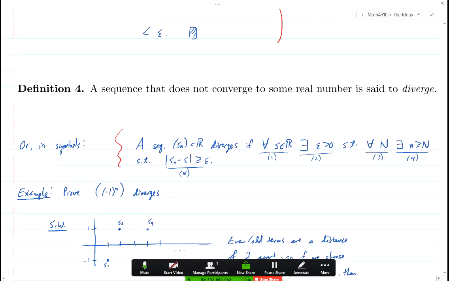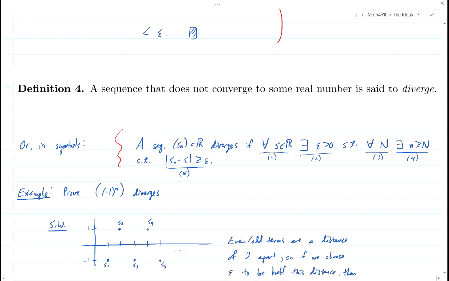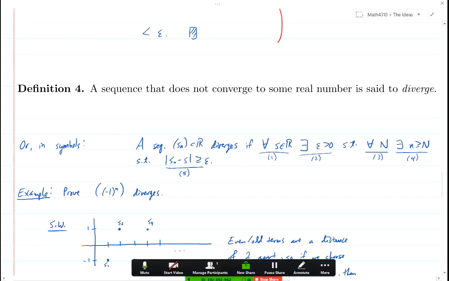A sequence of real numbers Sn diverges, that's our definition, if for every real number S, there exists an epsilon greater than 0, such that for all capital N, there exists a little n greater than or equal to capital N, such that the absolute value of Sn minus S is greater than or equal to epsilon. The distance between Sn and S is greater than or equal to epsilon.